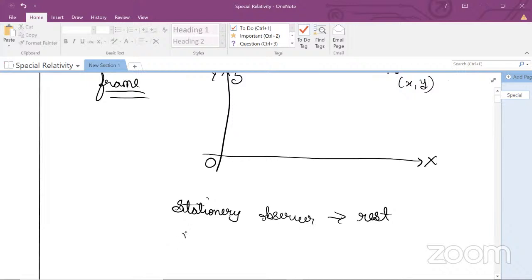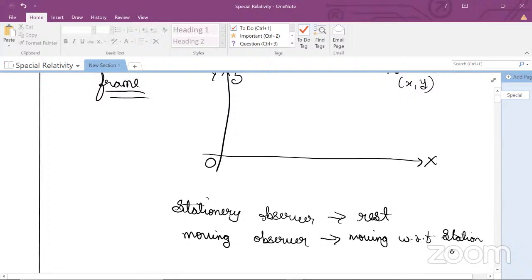A moving observer is a coordinate system or a frame of reference which is moving with respect to the stationary observer. I will term the stationary observer to be S and the moving observer to be S dash.